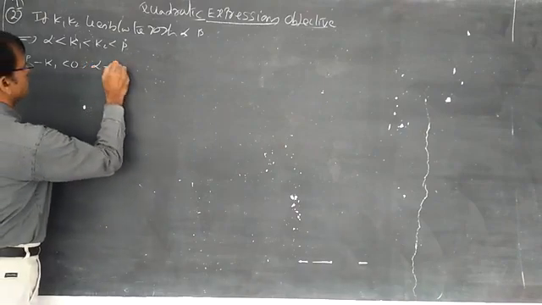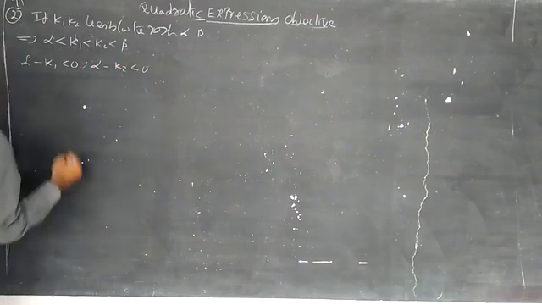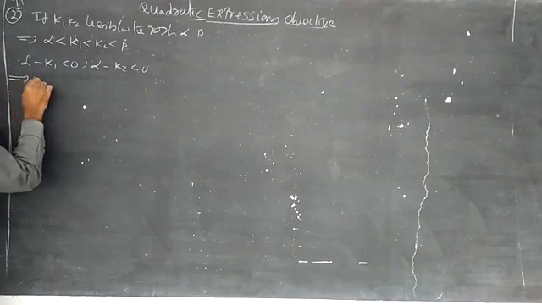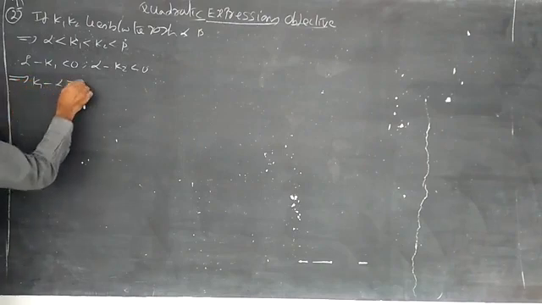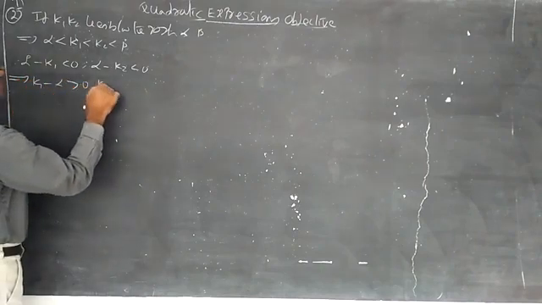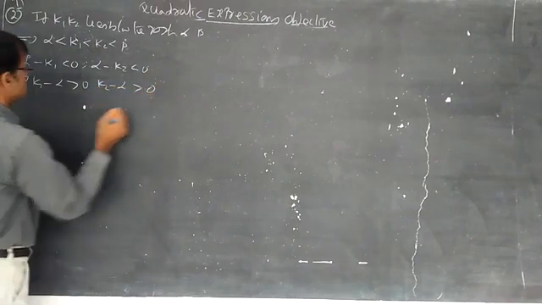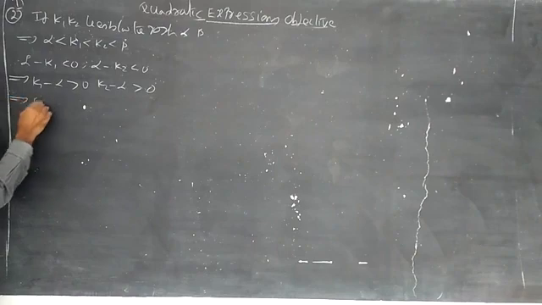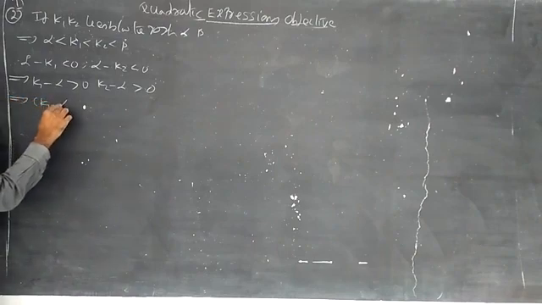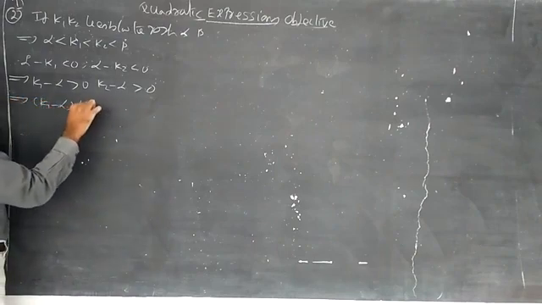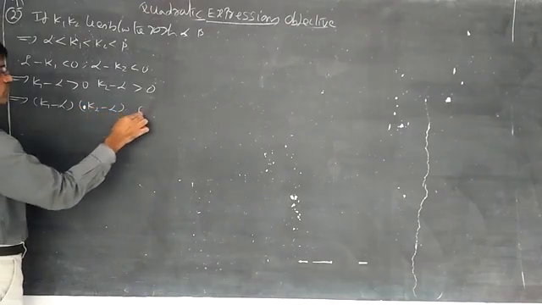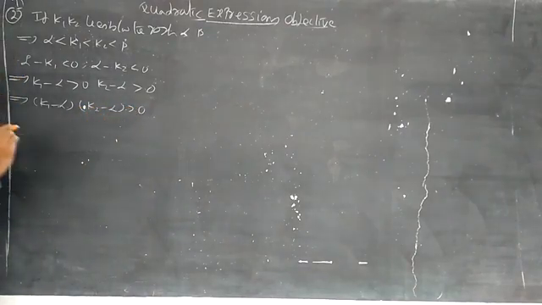In the similar way, alpha minus k2 less than 0. That implies k1 minus alpha greater than 0, and k2 minus alpha is also greater than 0. Multiplying both, k1 minus alpha into k2 minus alpha greater than 0, plus into plus.